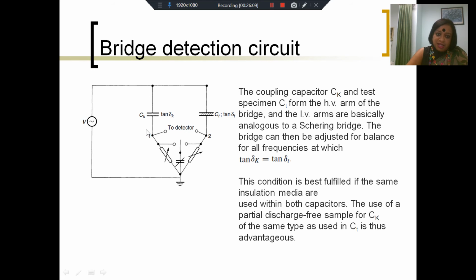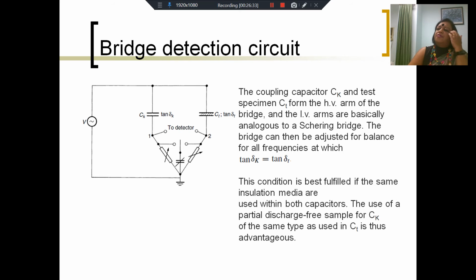Displacement currents will be there in the CK arm as well as the CT arm, and they will balance each other out when you balance the circuit. This condition is best fulfilled if the same insulation media are used for both capacitors. We need to use a PD-free sample for CK. So when we buy coupling capacitors for PD setups, we have to make sure that they are PD-free.